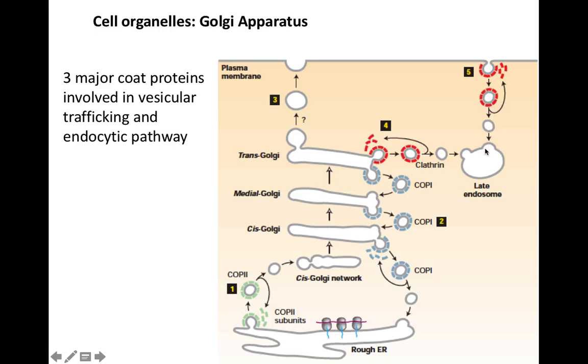Both of these vesicles, the clathrin-mediated vesicles coming from the Golgi apparatus and the clathrin-coated vesicles resulting from endocytosis, can fuse together to form an endosome, and later the lysosomes can also fuse with these endosomes. So these are the three major coat proteins involved in vesicular trafficking: COP2 proteins, COP1 proteins, and clathrin.